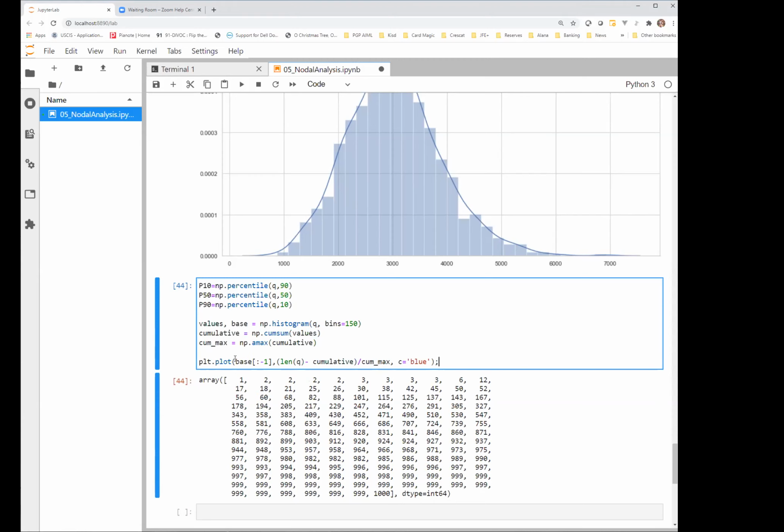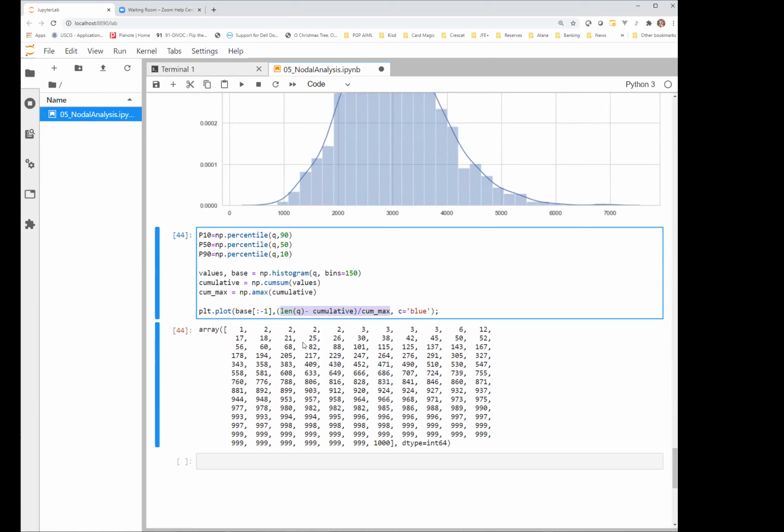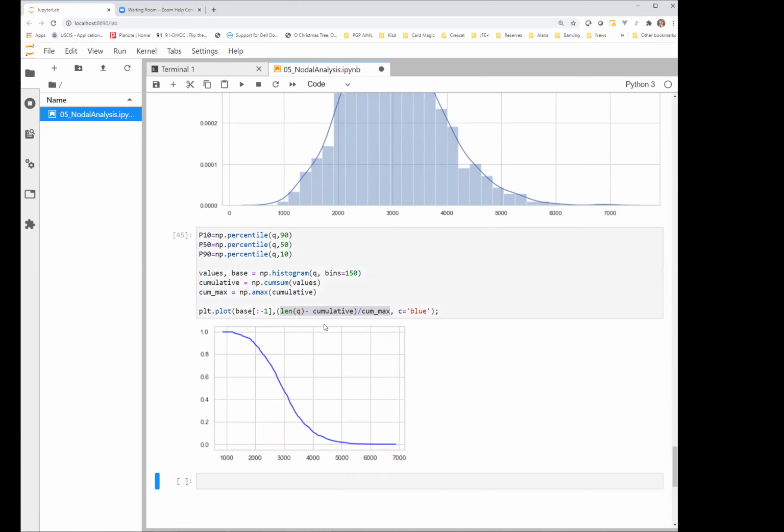I'm plotting on the base all the rates, and on the other side I'm plotting the normalized cumulative distribution function, which is going to be from 0 to 1. In this case, I plotted inversely, just to make the lower value of rates go to the right. So it's something like this.